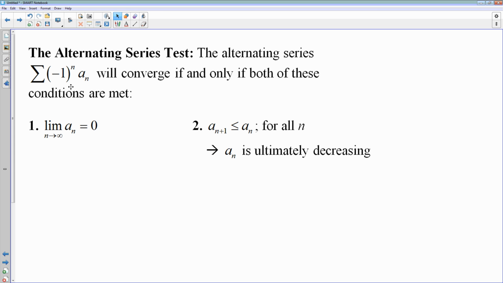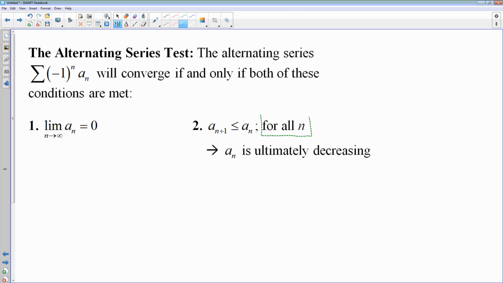have an alternating series, it will converge if the terms approach 0, so the limit as n approaches infinity is 0, and your (n+1)th term is less than your nth term, which basically means your sequence decreases. Now our textbook, this is something that kind of struck me funny, so I went ahead and put it in here.